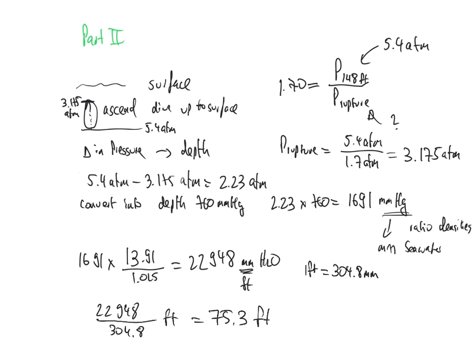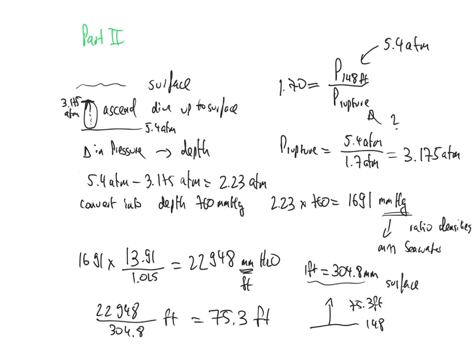So basically, once you're down 148 feet, you can dive up 75.3 feet, but not to the surface. Because if you ascend any higher than 75.3 feet quickly, then your lungs are in trouble.